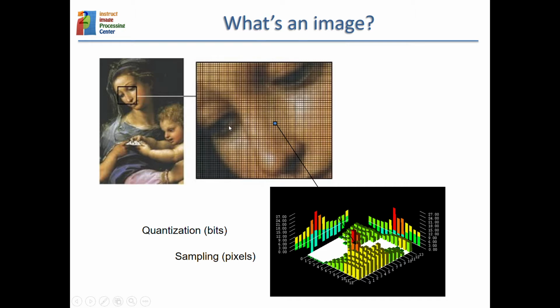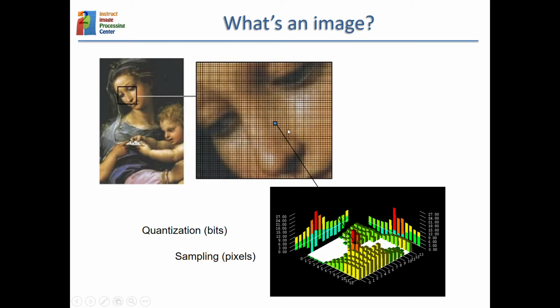So an image is a variation of some physical variable over a space. For instance, here the physical variable is color. So we have an analog image in the real world. For every possible position, you have a different color. But that is the real world. In the computer, you cannot store absolutely all positions, but you have to discretize the space.